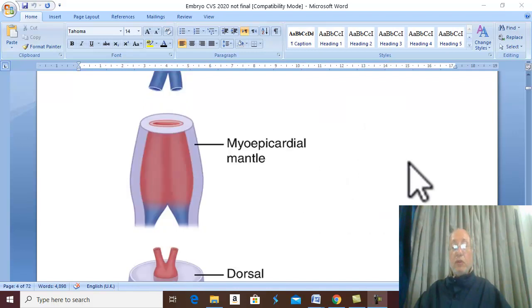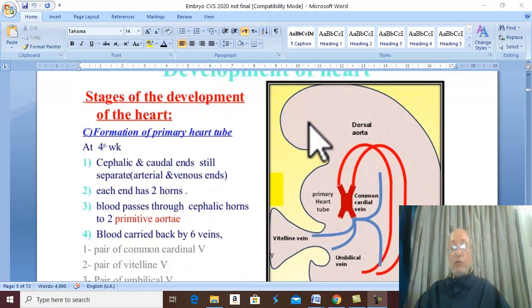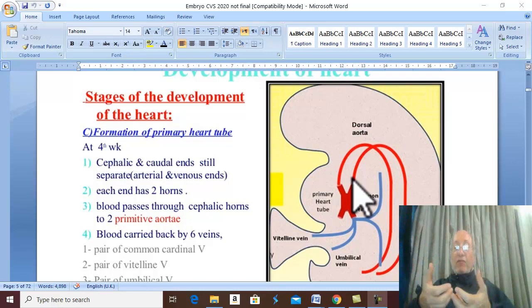We said before that due to folding, the cephalocaudal folding pushes the developing endocardial tubes into the future thoracic area, and the lateral folding will compress the two endocardial tubes to become closer to each other.